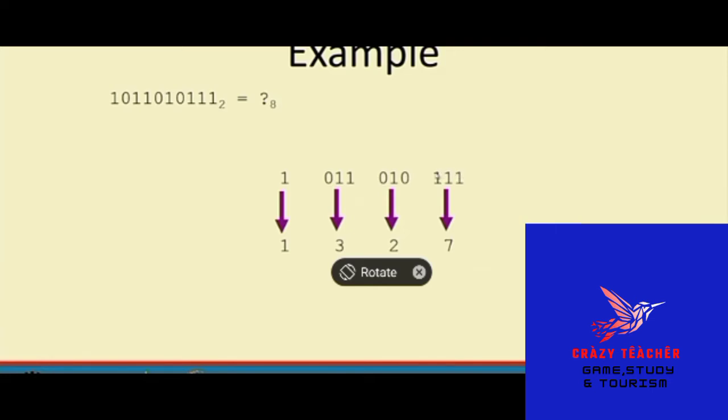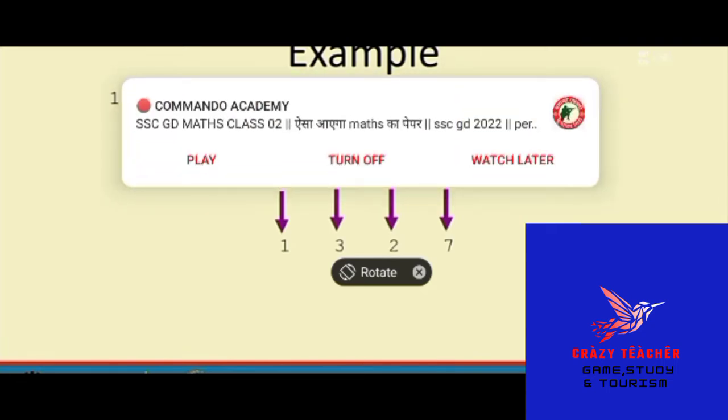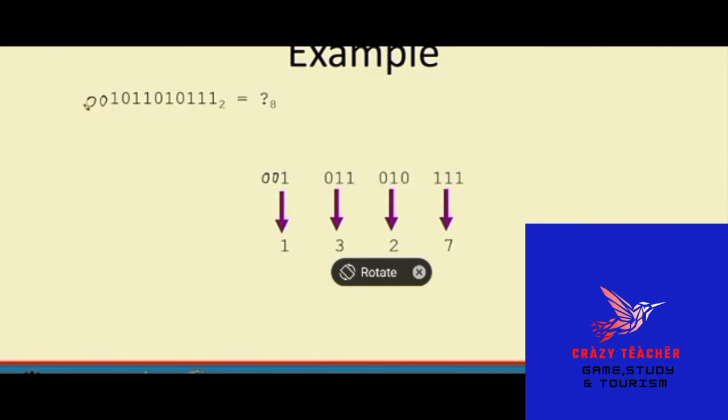If you are going for binary to hexadecimal conversion, the same thing applies, but now the grouping will be in terms of 4 bits, starting from the right side. The bit pattern groups are then converted to hexadecimal digits. Here we group 4 bits from the right. 1, 1, 0, 1 forms the first group.